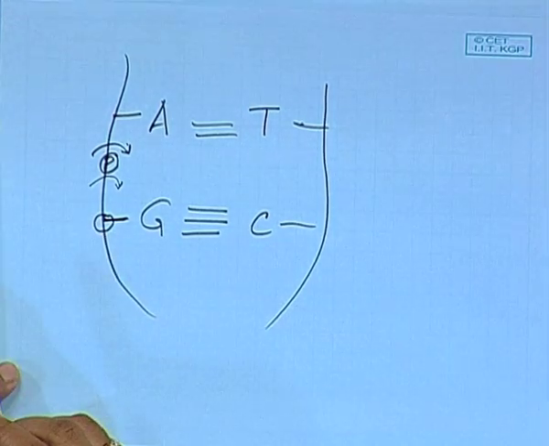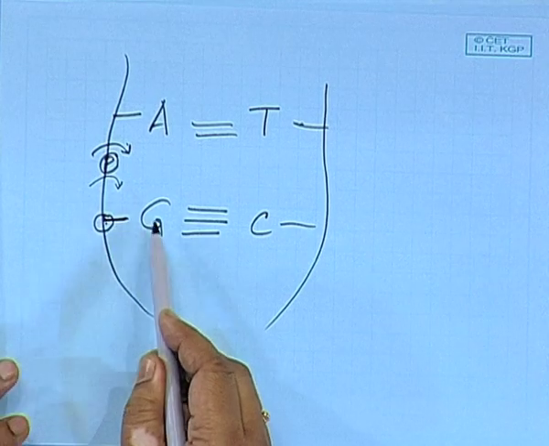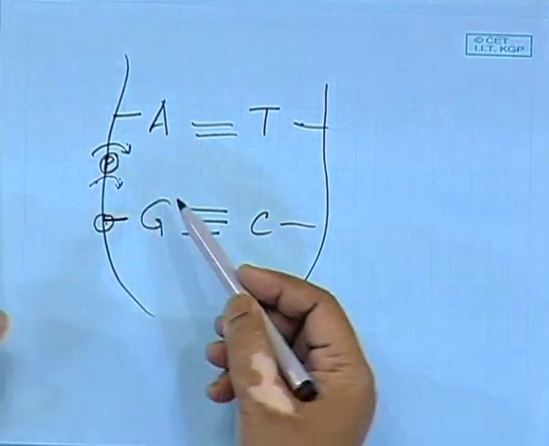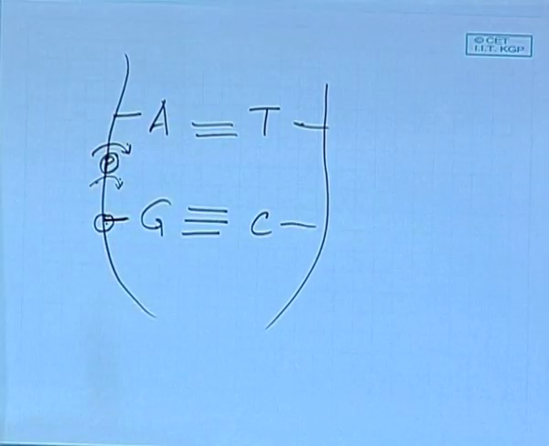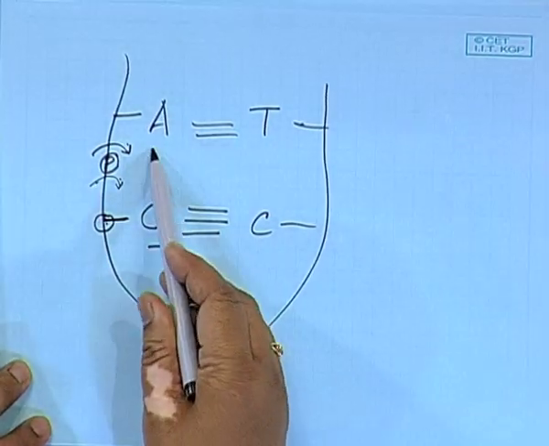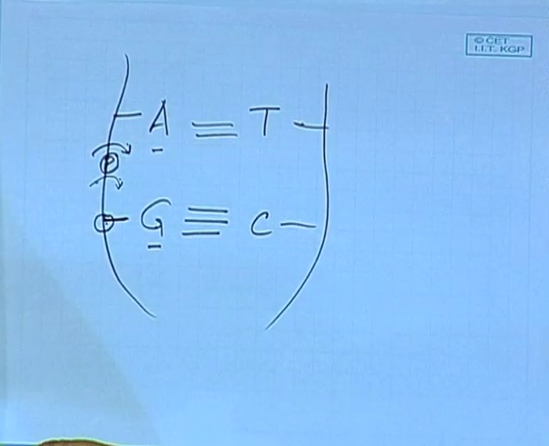So, now what is going to happen? This puckering is going to orient the G in a specific position. This rotation is going to orient the overall backbone in a specific position. What is that going to assist in? That is going to assist in orienting the bases in such a manner that you can have the specific hydrogen bonding possible.